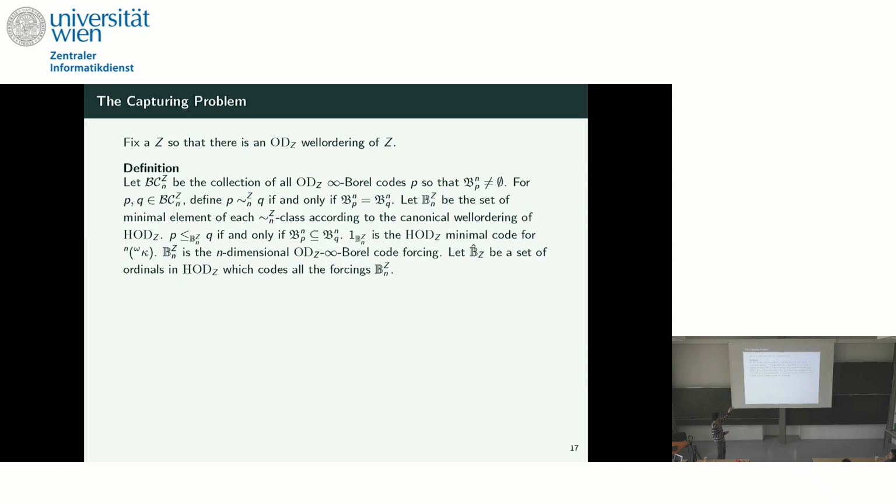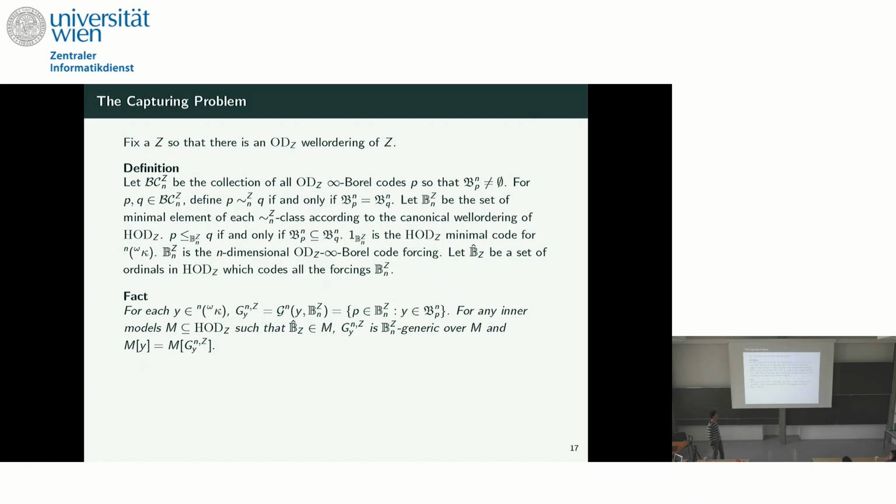Order them: P is less than Q if the set coded by P is less than the set coded by Q. You know, the largest element is the code for kappa to the omega to the n. So this B_n is the n-dimensional OD_Z infinity-Borel code forcing, and we'll let B_Z hat be the code set for all of these forcings. It's some set of ordinals in OD_Z that codes all information about all these forcings.